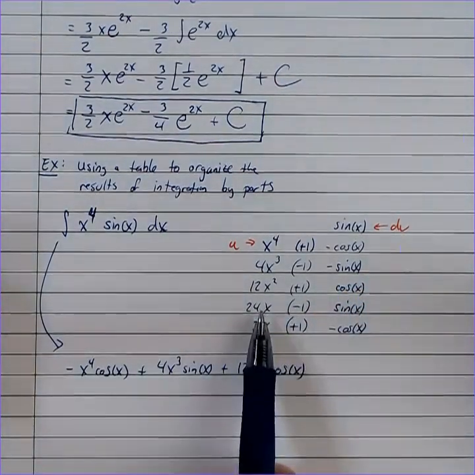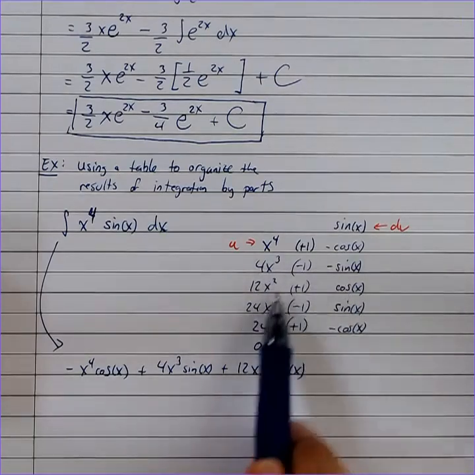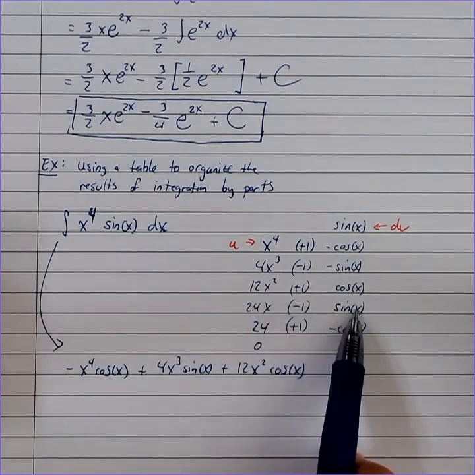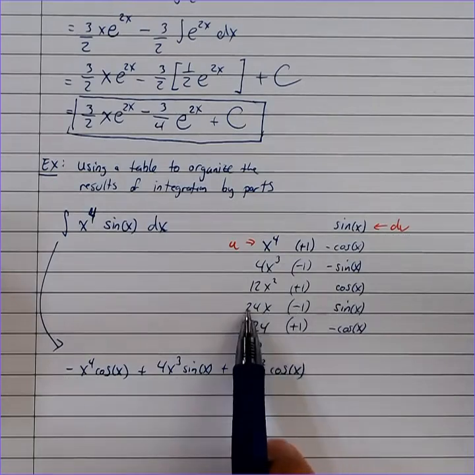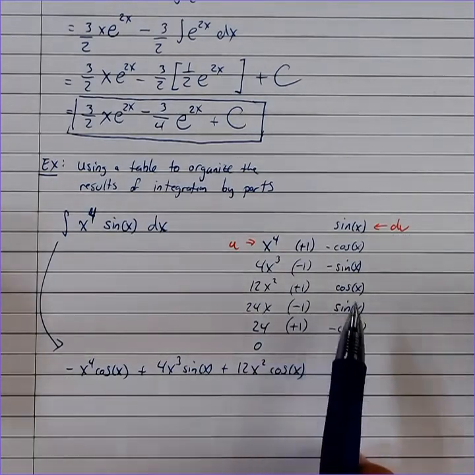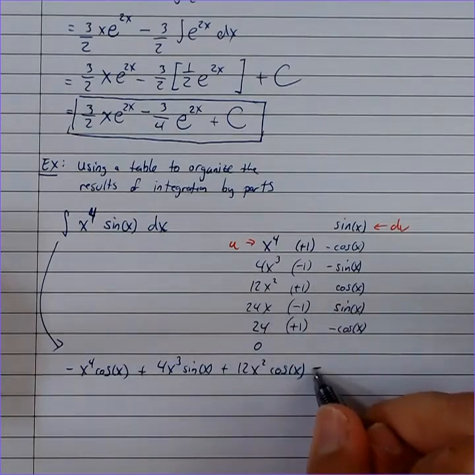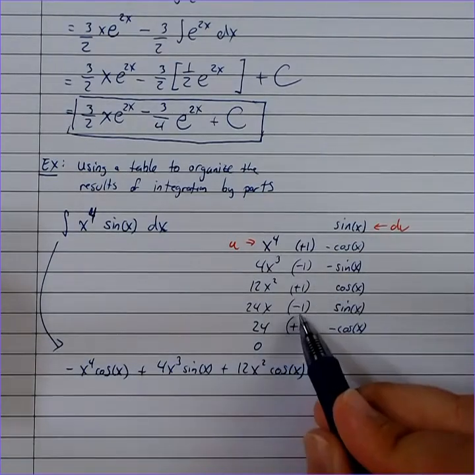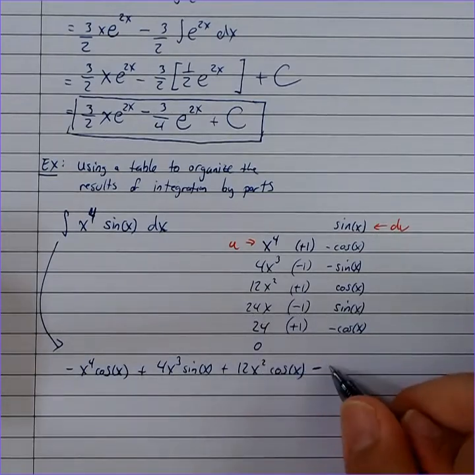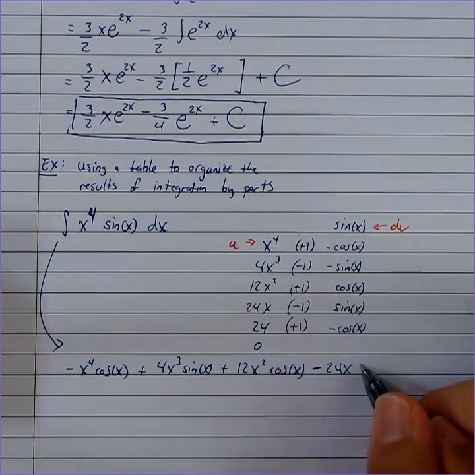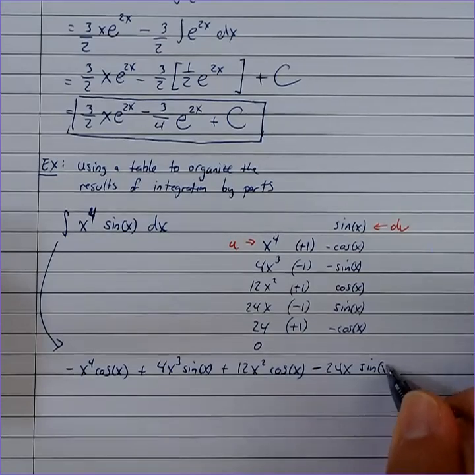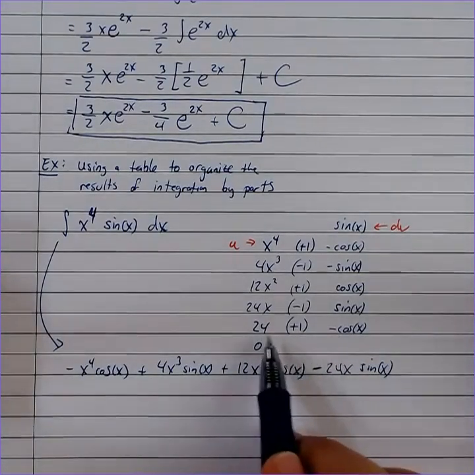Now multiply these together. Notice we're just going down the line. Multiply these together. That's going to be negative 24x sine of x. So we're going to add that in. We're adding a negative, so I think I'll write a minus instead. So instead of plus and negative, I'll just say minus 24x sine of x. Here, multiply these together.